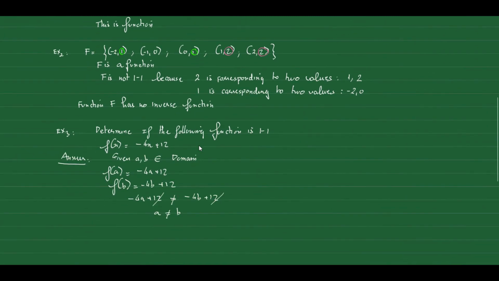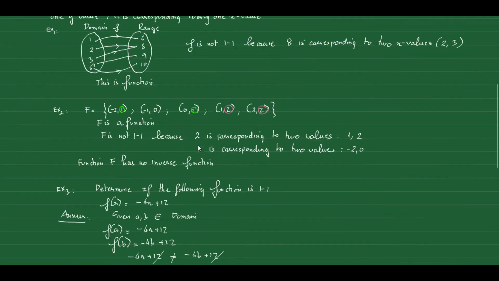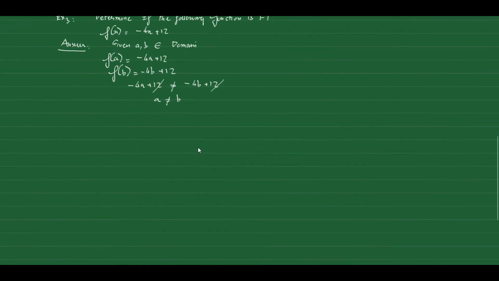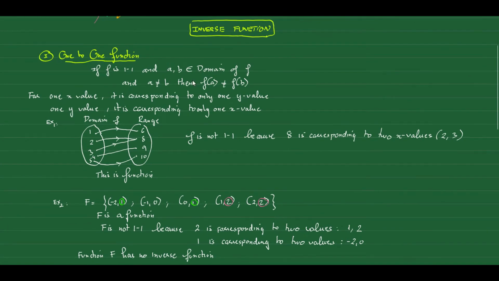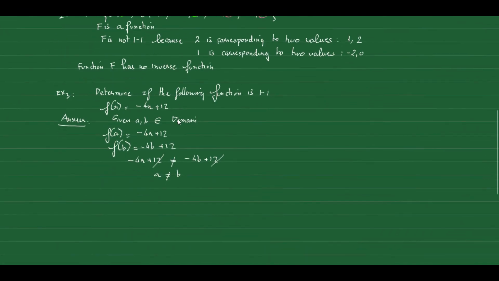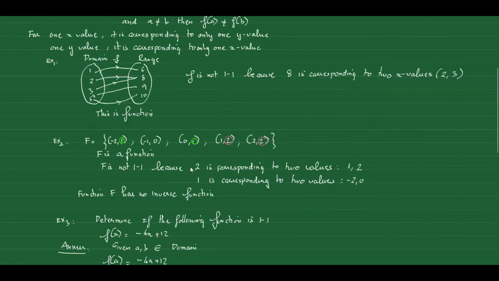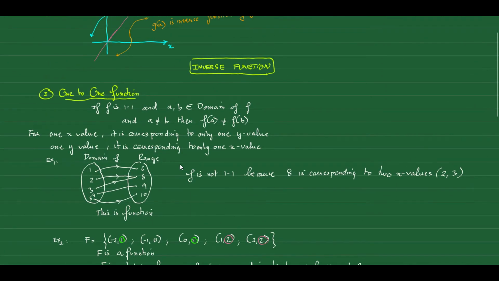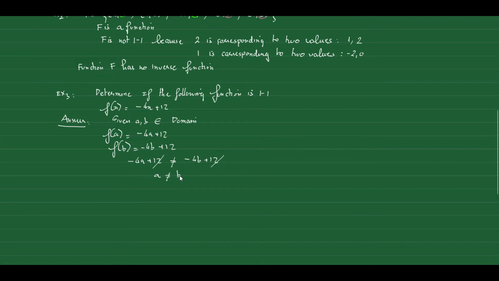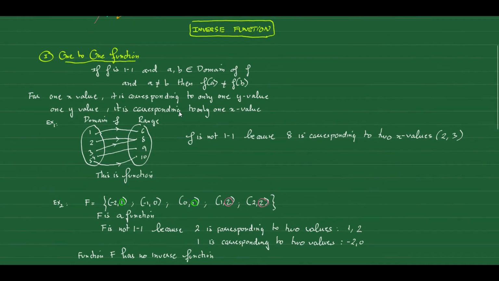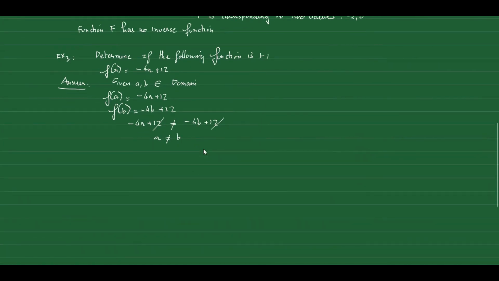You can do if a equals b, then f(a) equals f(b). That's the same thing. Okay, but I think you can do it like this. I think with this symbol it's much better, because we try to follow the definition strictly. So you see that if f(a) is different from f(b), then a is different from b, and that actually means that this statement and this statement go both ways, both directions.